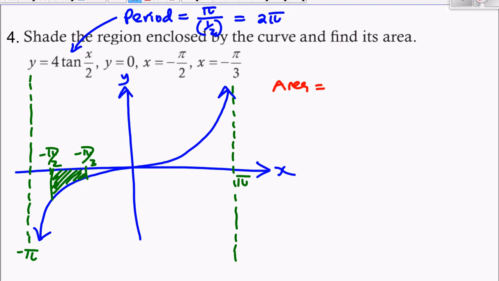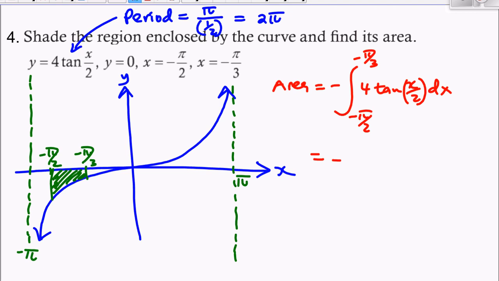So area will be equal to negative integral from negative pi over 2 to negative pi over 3 of 4 tan x over 2, integrating with respect to x. What I'll do is rewrite this.